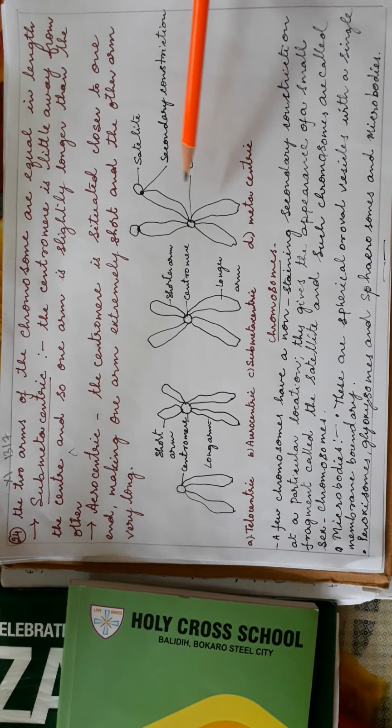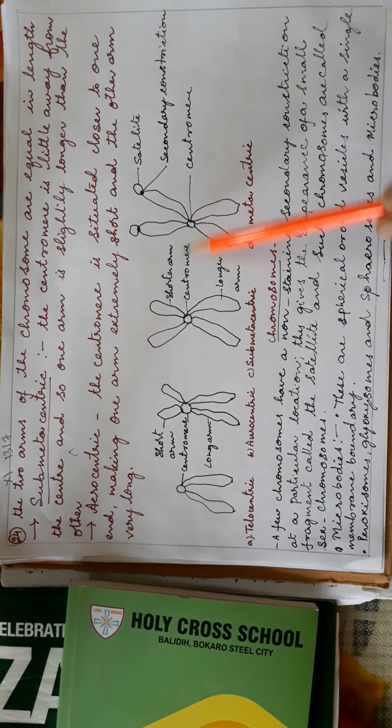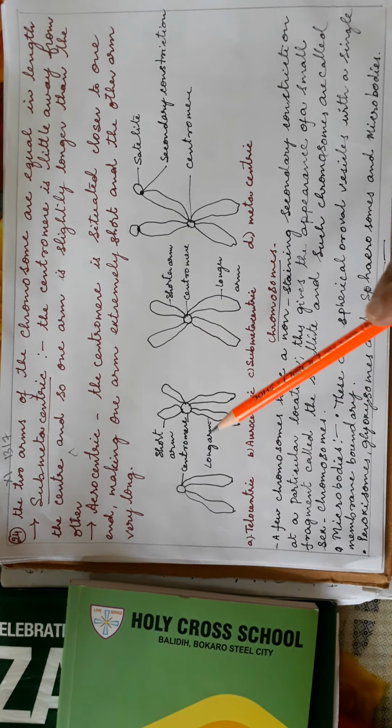Depending upon the centromere position, some are in the middle, some are in different positions. So depending upon the position of the centromere, how many types of chromosomes are there?